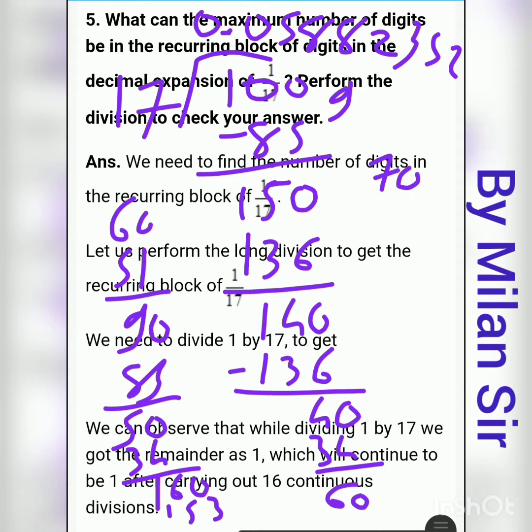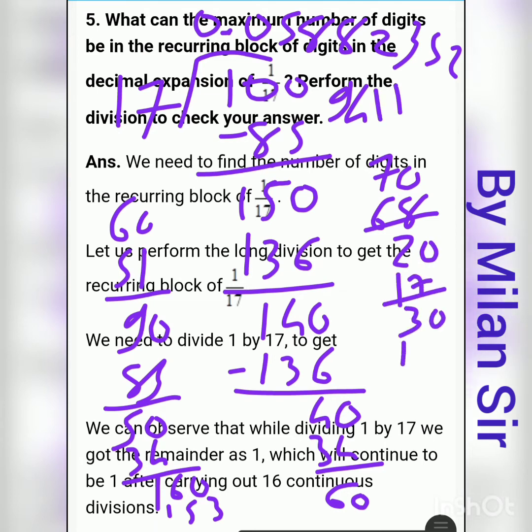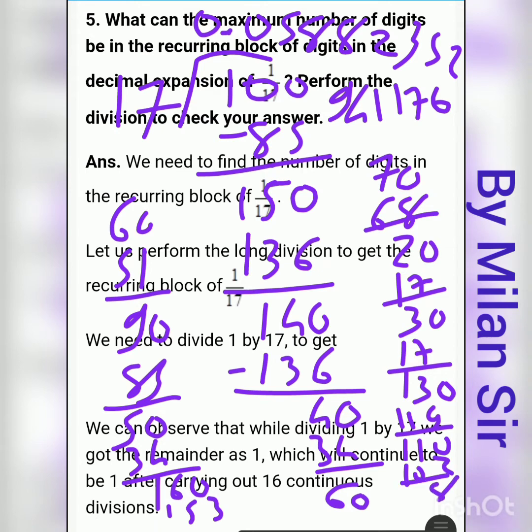Okay, so 17 4s are 68. Remainder 2, it becomes 20. 17 1s are 17, remainder 3, 30. 17 1s are 17, remainder 13, 130. 17 7s are 119, remainder 11, becomes 110. 17 6s are 102, remainder 8, it becomes 80.